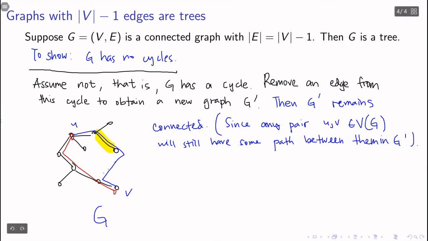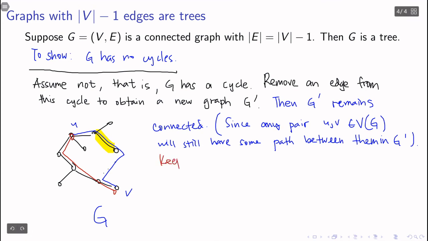And so let's keep going. G prime remains connected here. So what if it still had other cycles? We can just keep going, removing one edge from every cycle that we see until we get a graph with no cycles.